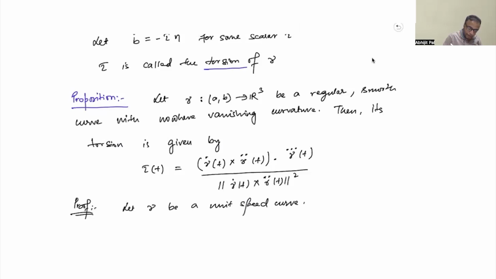What we know is that B dot is equal to minus tau times the normal vector.